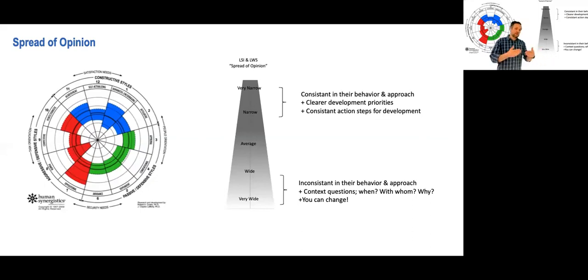Now, there is another option. If we have wide spreads of opinion, and it's not that the focal participant is really changing their behavior and interacting differently with different groups, the next most likely explanation, but this is very rare, is that the people really don't come into contact with the focal participant frequently enough.